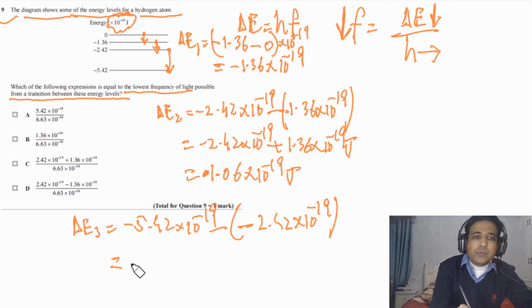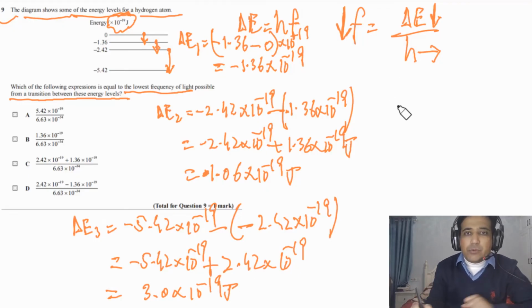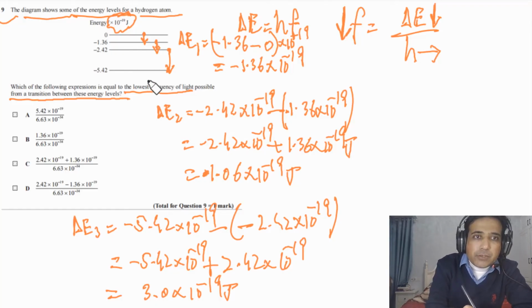If you solve, you will also get a negative sign, so it means the energy of the electron has decreased. We will get 3.0 times 10 to the minus 19 joules. But for this question we need to calculate the smallest frequency, the lowest frequency.